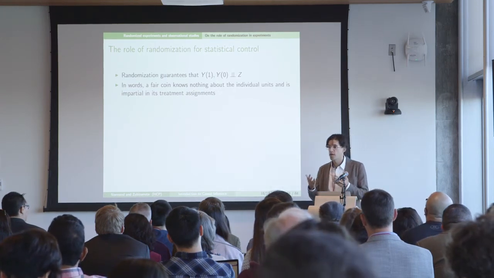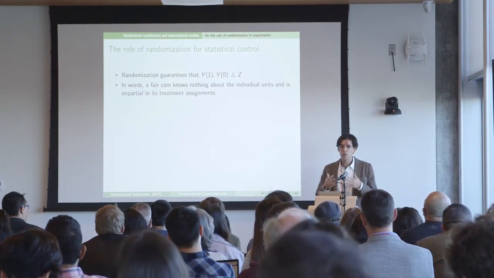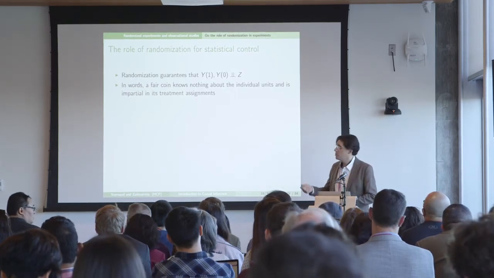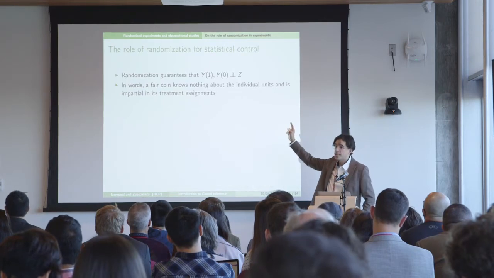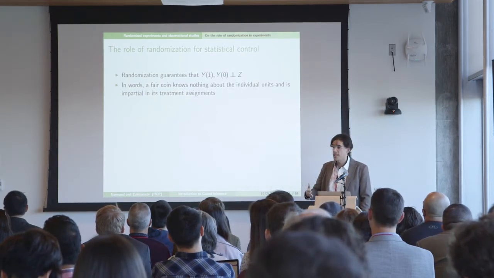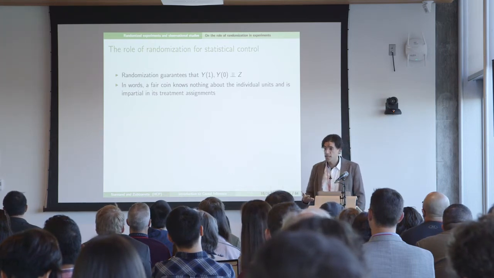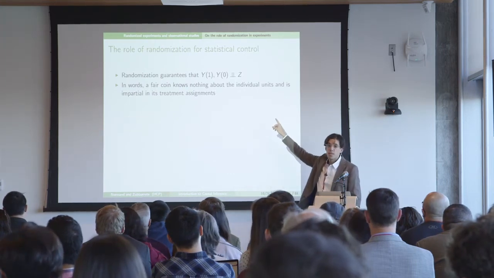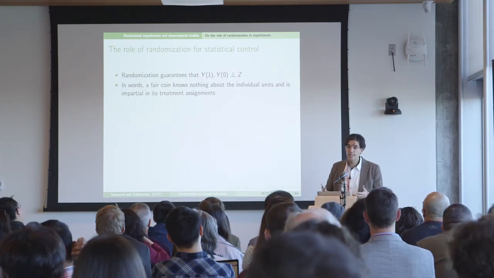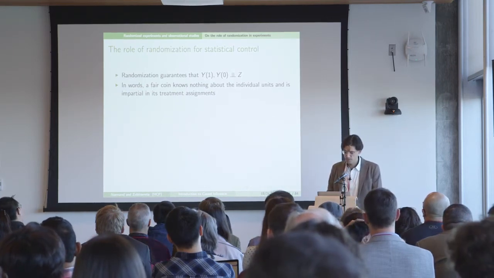The flip of a fair coin knows nothing about how my outcomes would show under treatment and under control. It cannot predict it. The distributions of these two potential outcomes are going to be the same across treatment groups, and therefore the means are going to be the same, and so on. This is something that we get in randomized experiments by construction, because we're randomly assigning subjects to treatment and control.